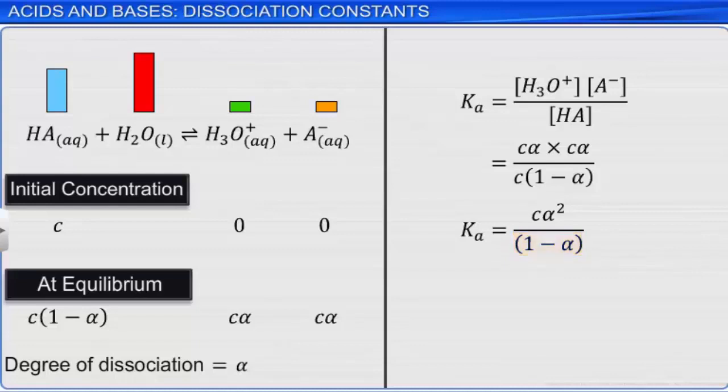The values of Ka range from 0.66 to as low as 1 multiplied by 10 raised to the power minus 10 and even smaller. Hence, to accommodate such a wide range of values, the logarithmic scale is used.